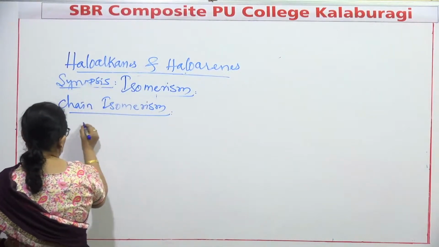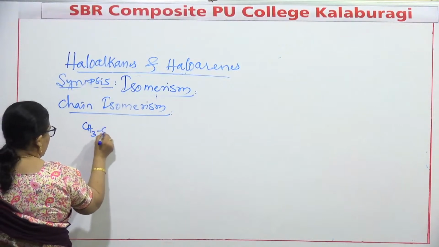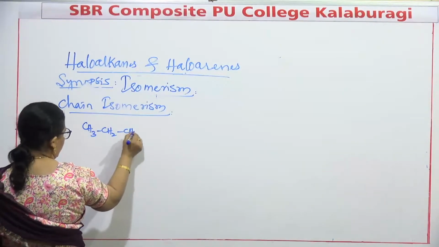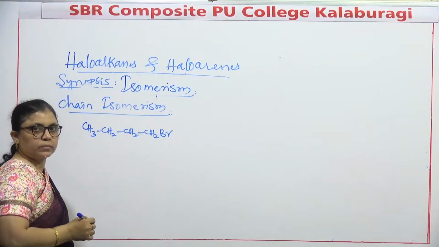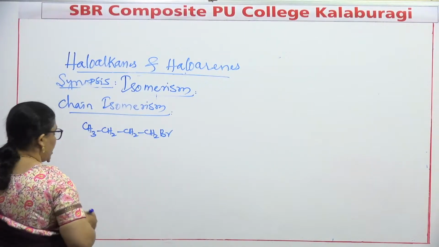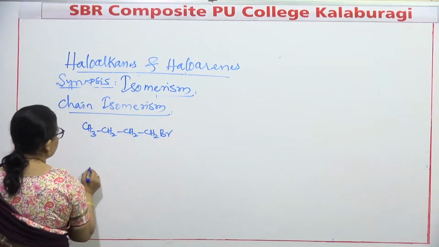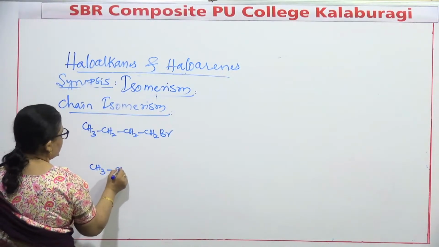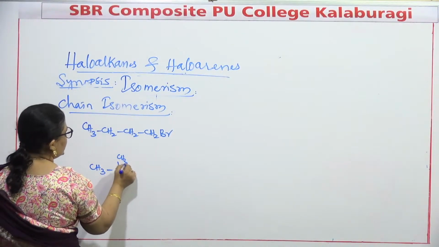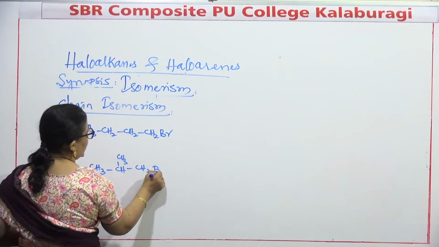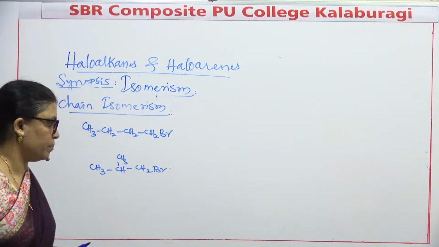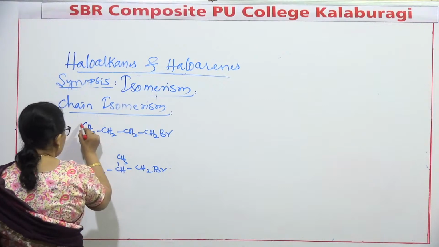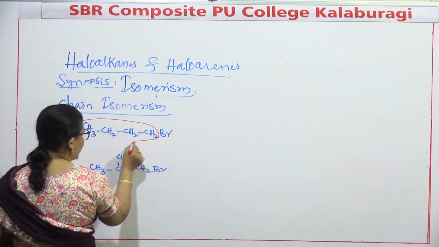Example: CH3, CH2, CH2, CH2, Br. We can write its chain isomer as CH3, CH, CH3, CH2, Br. Remember one thing, whenever you are writing chain isomerism, only the arrangement of the carbon chain should be different.